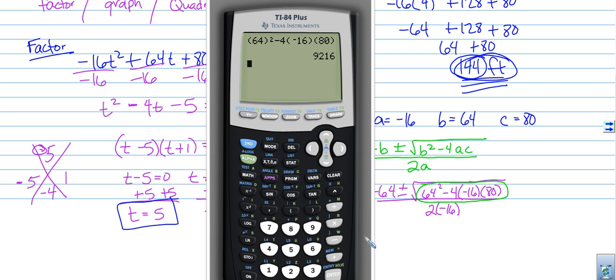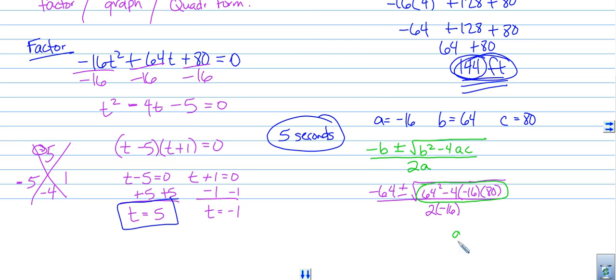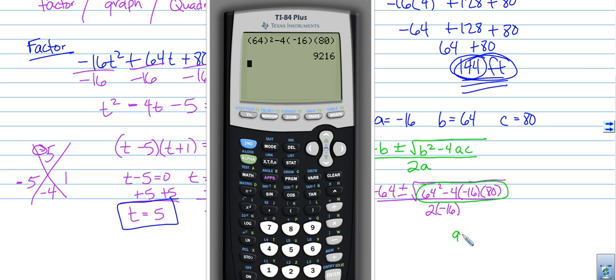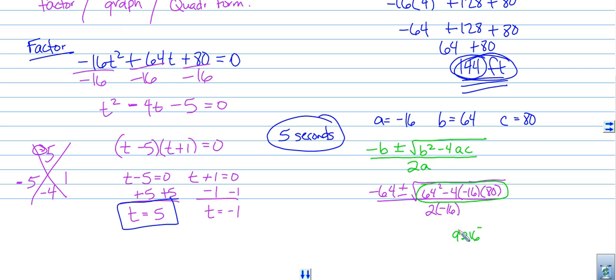I'm going to press enter. And so then I get, in this little circle right here, 9216. Okay? So I have a square root of that, plus or minus, and then you have -64 all over 2 times -16 is -32.